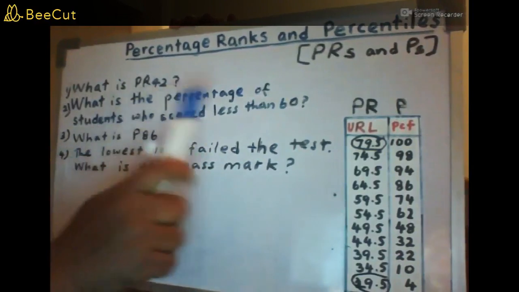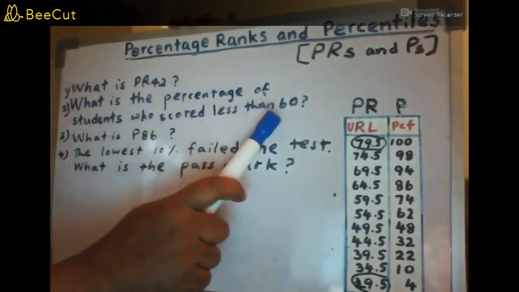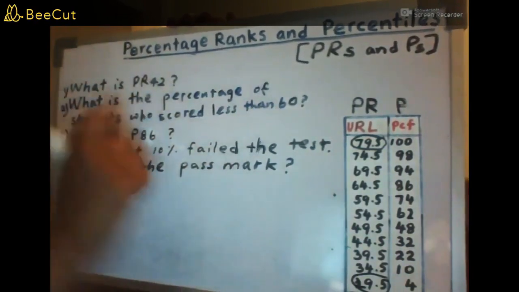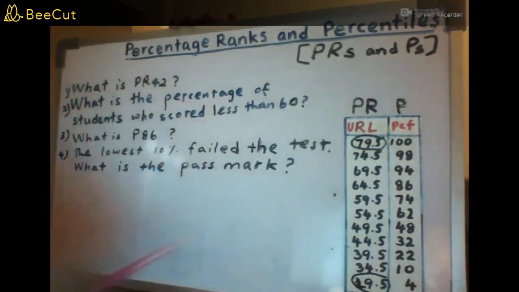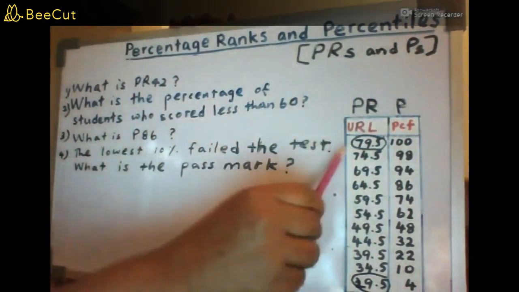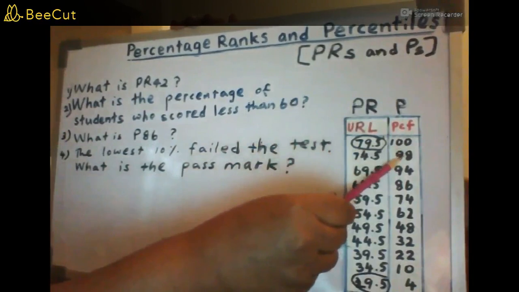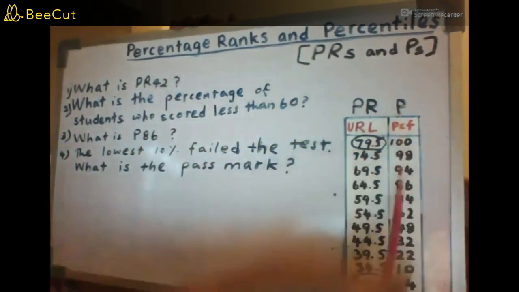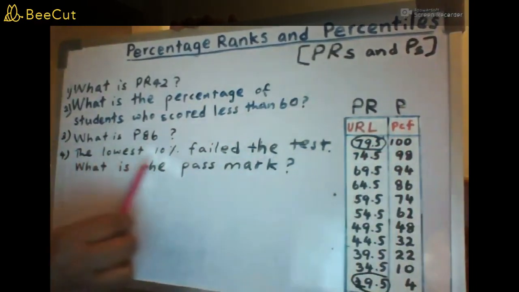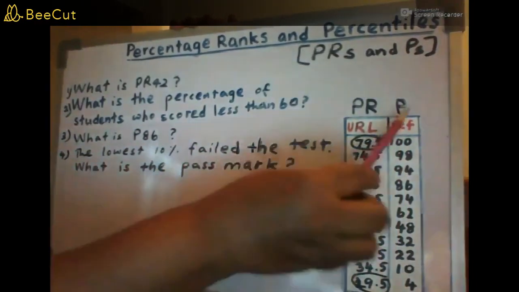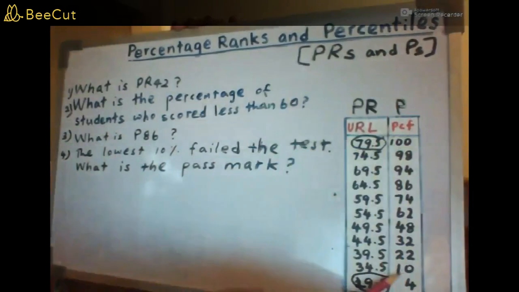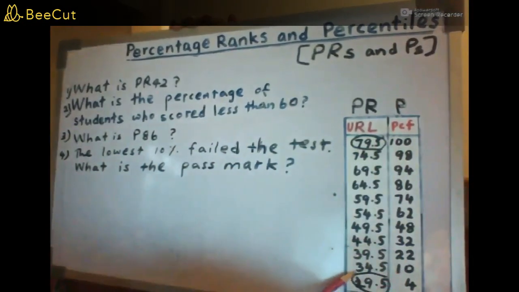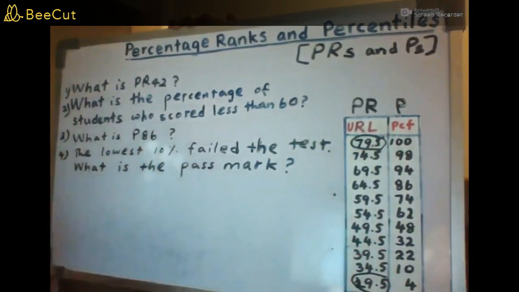Either they will give you the mark and ask for the percentage, or they will give you the percentage, like the lowest 10% failed the exam, and ask for the mark. That's the pattern.